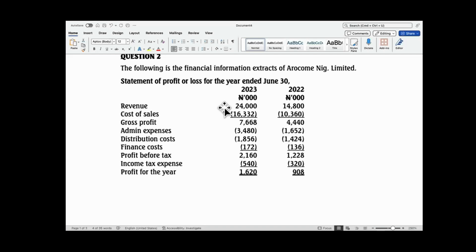Anybody? What should be our PBIT? Two, three, three, two.